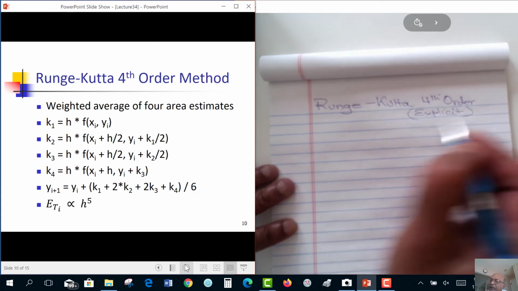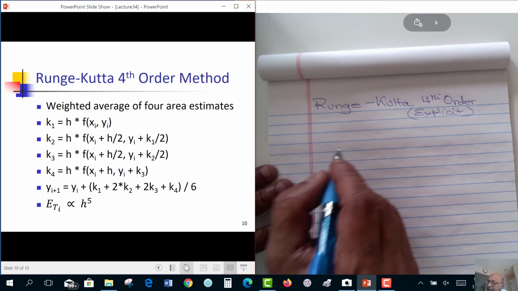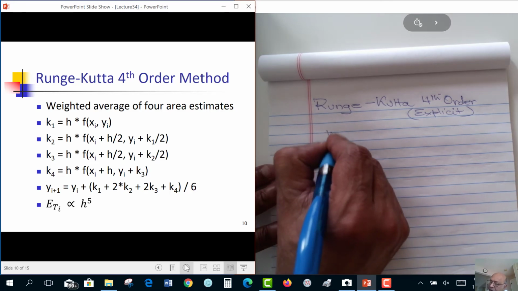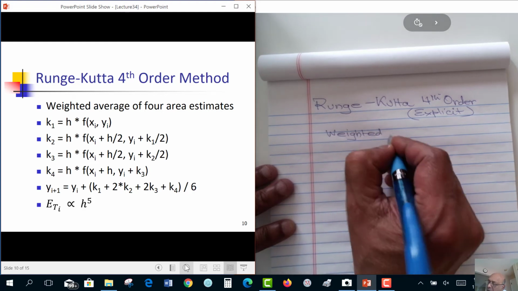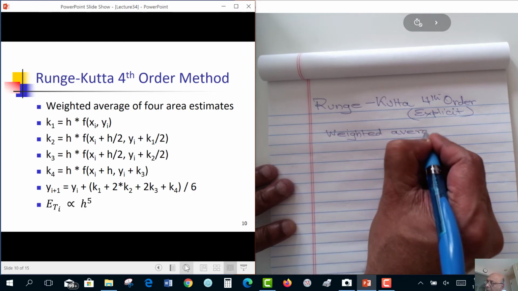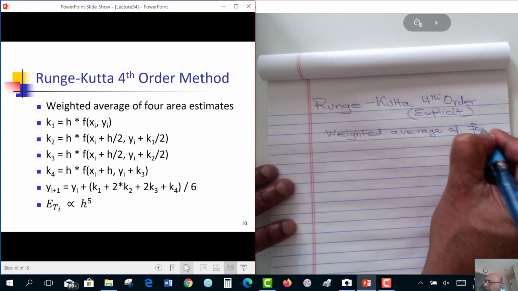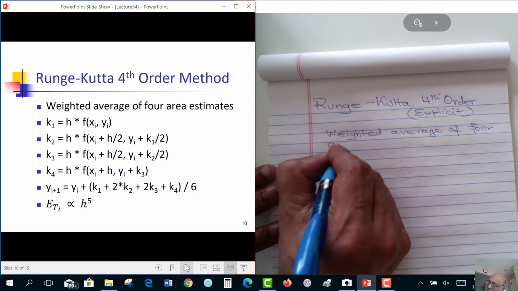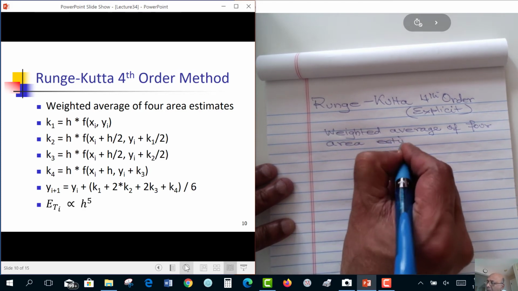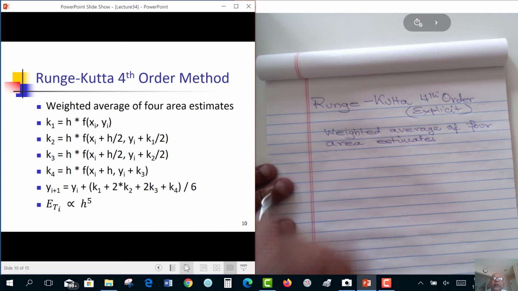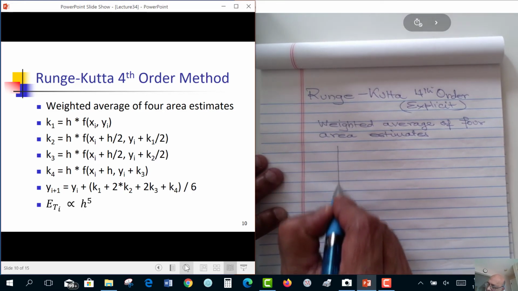So we just do a series of calculations and we get our answer. So what it does is it does a weighted average of 4 area estimates. That's why it's called fourth order method.